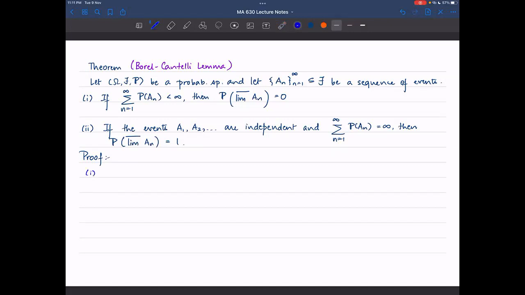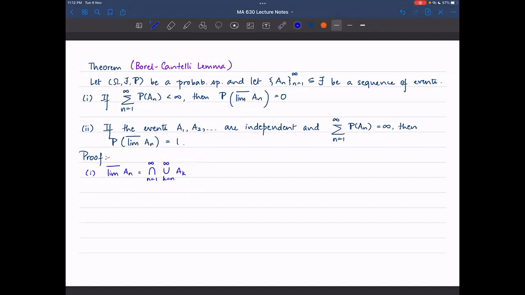So let's start by proving 1. So remember that lim sup A_n, by definition, is the intersection over n going from 1 to infinity of the union over k going from n to infinity of A_k. Now, I'm taking the intersection over n going from 1 to infinity of these sets. In other words, the intersection is going to belong to any one of these no matter what n I take.